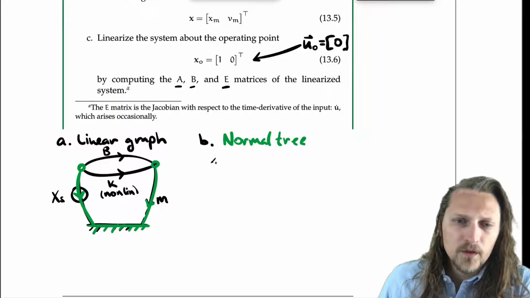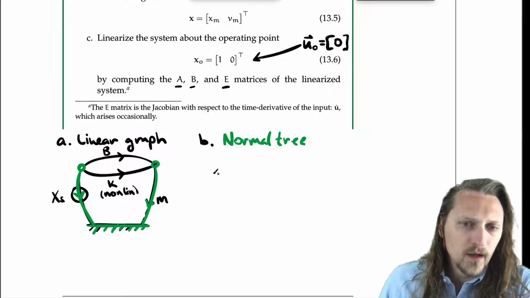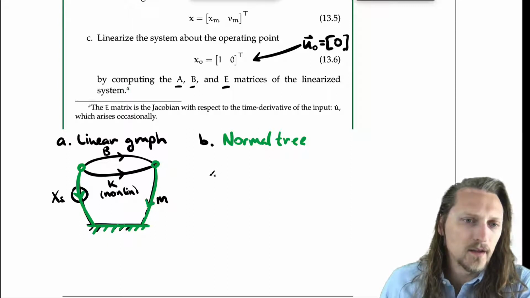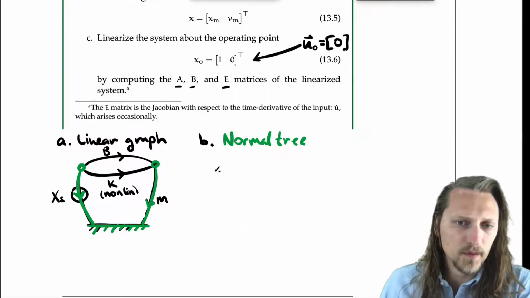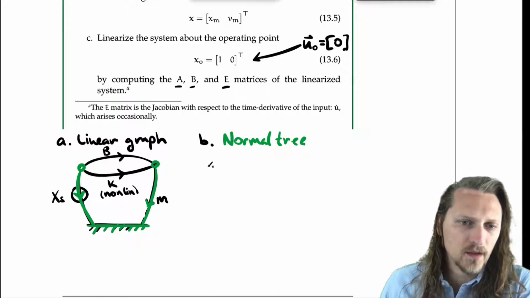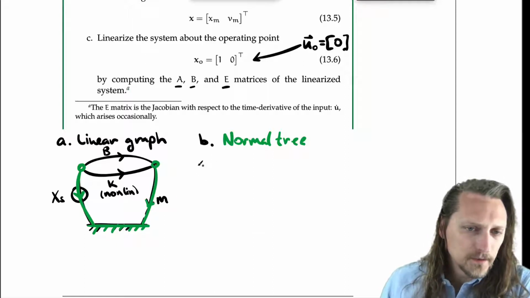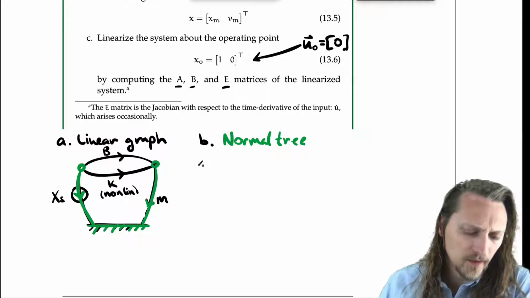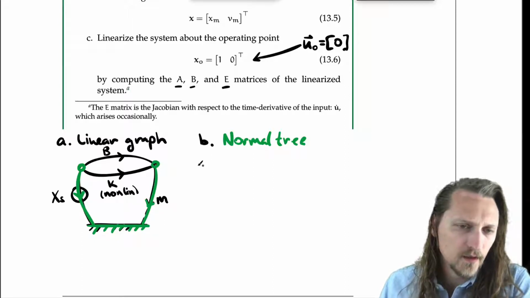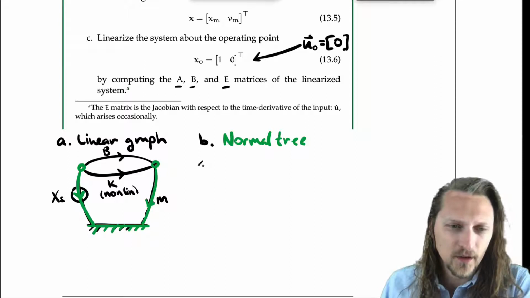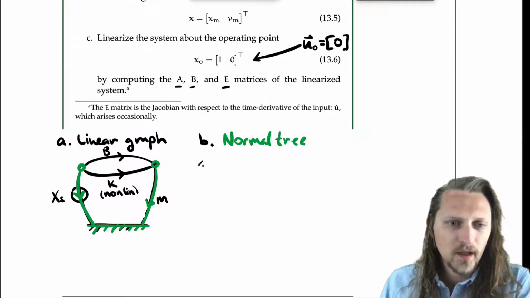Now, we would usually go through and look at the different variable types, and we would select our state variables to be Fk and Vm. However, there is a sort of complication that arises in this problem.